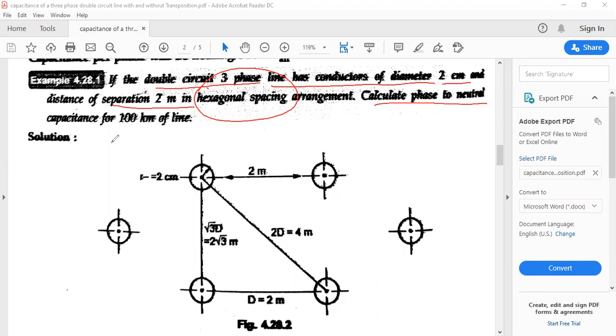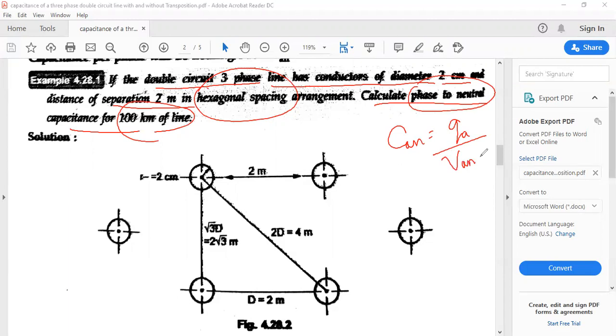So how are we going to space the conductors to have the minimum value of the capacitance, calculating the phase to neutral capacitance for a 100 kilometer line. So read the problem once again. They have asked you to find out the phase to neutral value of the capacitance, so you will be finding out CAN. CAN will be equal to QA divided by VAN.